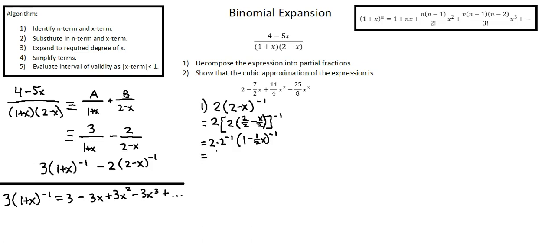So we have the binomial term (1 minus 1 half x) to the power of negative 1. And now we will identify n term and x term. Our n term is negative 1. Our x term is negative 1 half x.